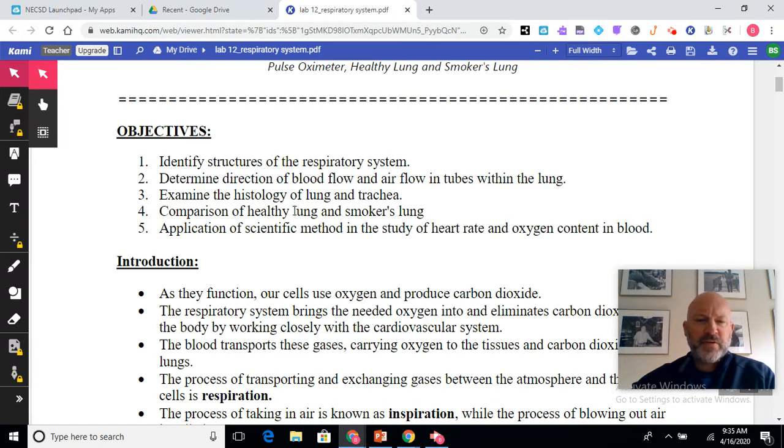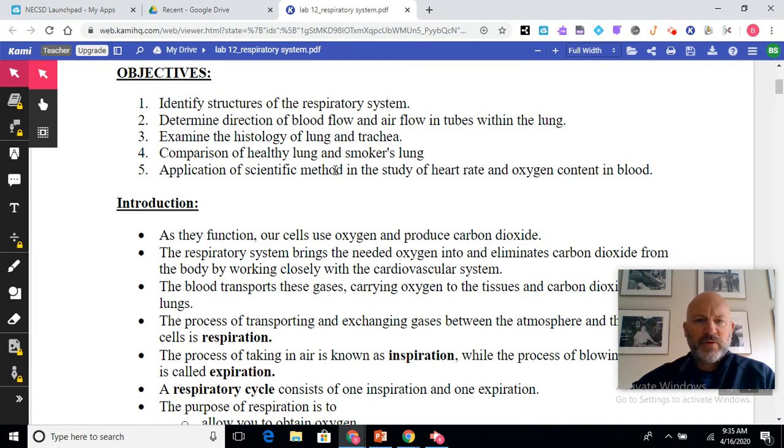Normally, in the lab there would be models of a healthy lung compared to a smoker's lung. And like all the other labs, we'd try to apply the scientific method, but we're probably going to scratch that, since we're doing this lab remotely.